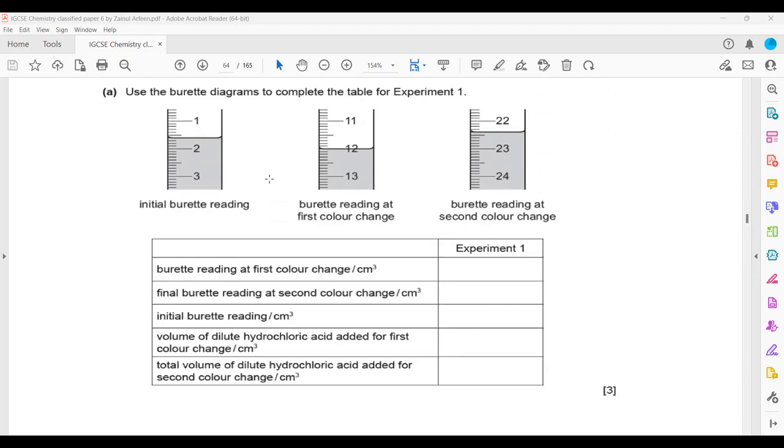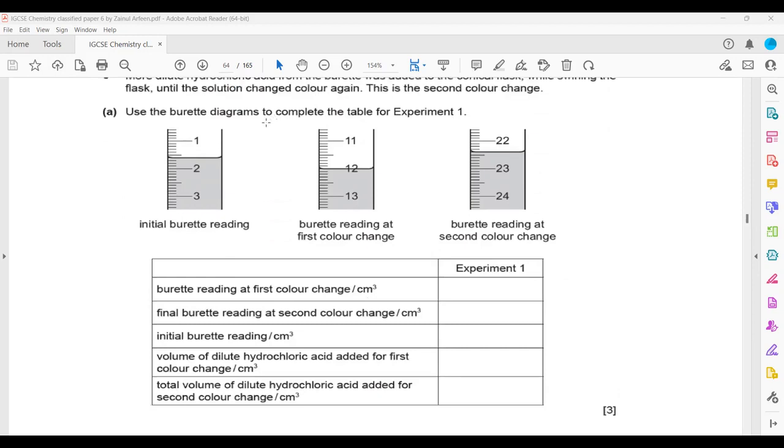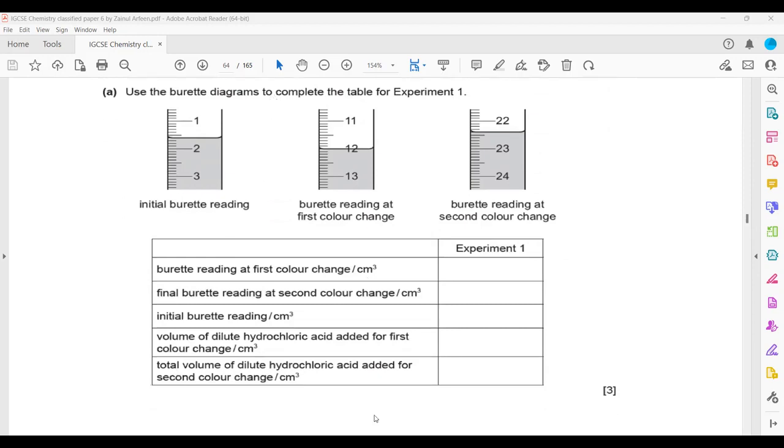Now for the first part, you can use the screen annotation to complete this table. First you have to fill this part: the initial burette reading, the final burette reading, and then the reading at the first color change.